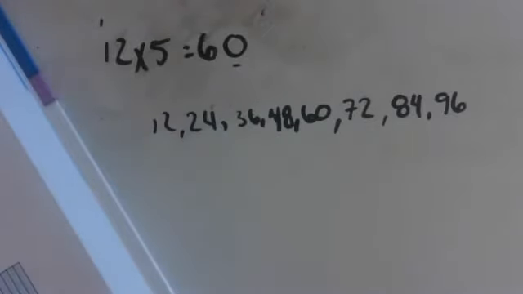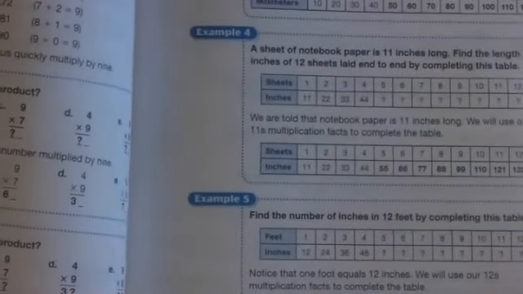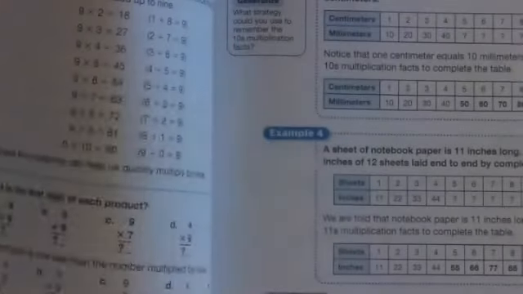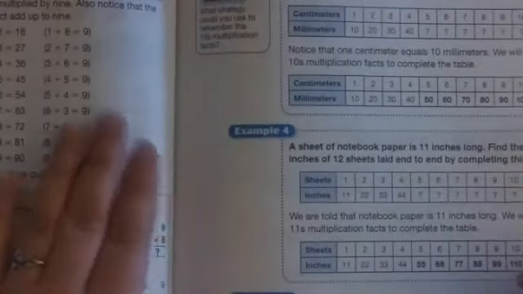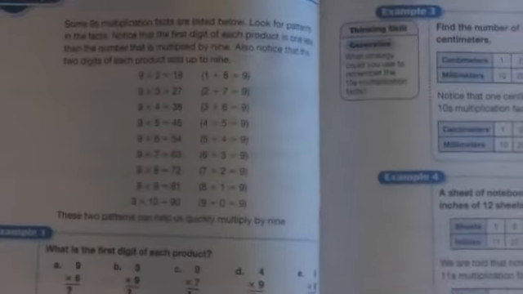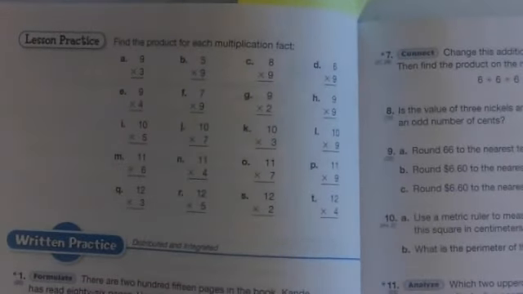Again, if you want a little bit of a review on this, your book has a lot of answers and shows you a lot of them. Also, remember that for this particular lesson, I normally don't mind if you use a multiplication chart. But because they are asking you to be looking at multiplication patterns, I do not want you to use a multiplication chart for your lesson practice, please.